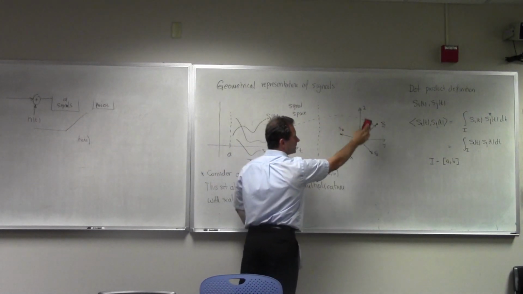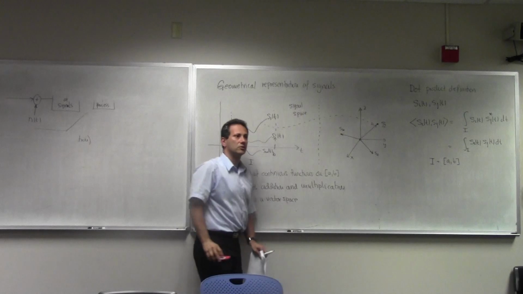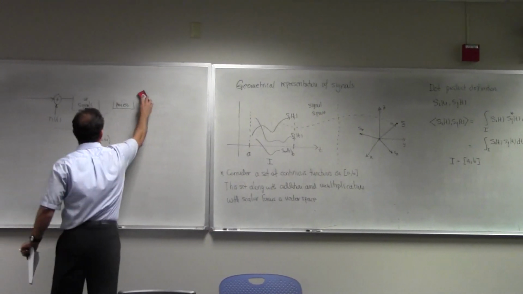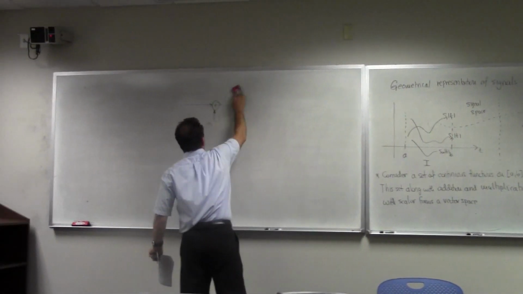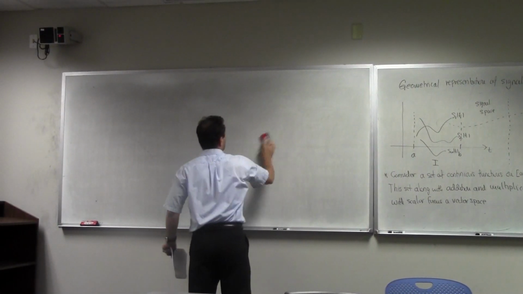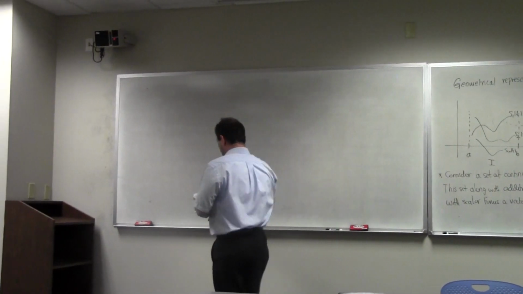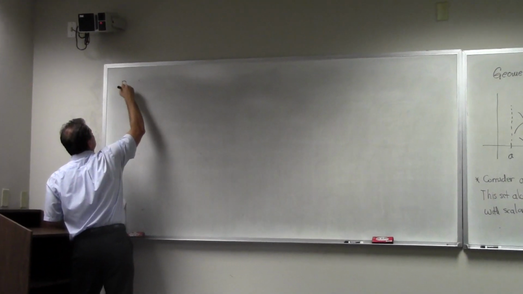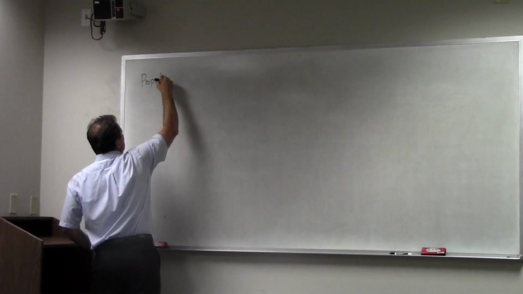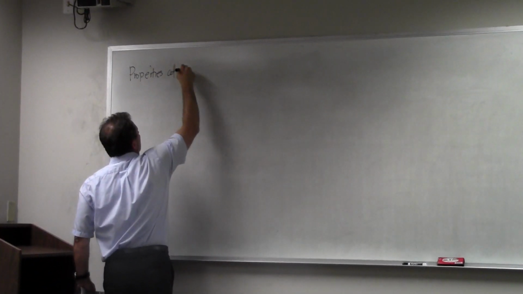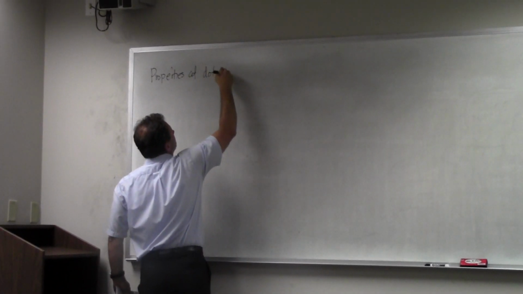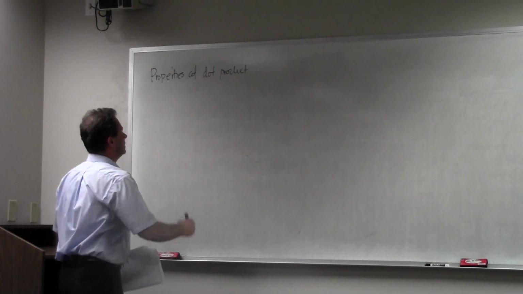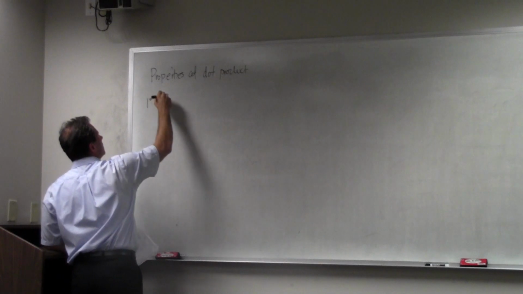This is the same as what I have in a regular vector space, what we usually refer to as n-dimensional vector space. So, properties of the product as defined over there.